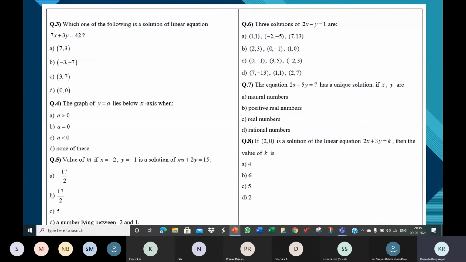So I started with 1. Since x and y are natural numbers, I'm not using 0. So when y is 1, what is the value of x? Ma'am, x is also equal to 1, ma'am. Yeah, so when y is 1, x is 1.